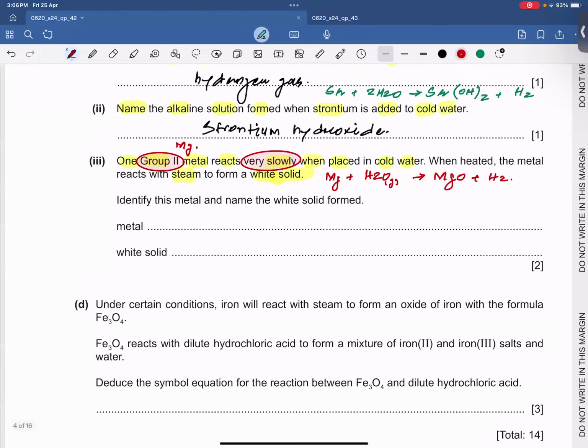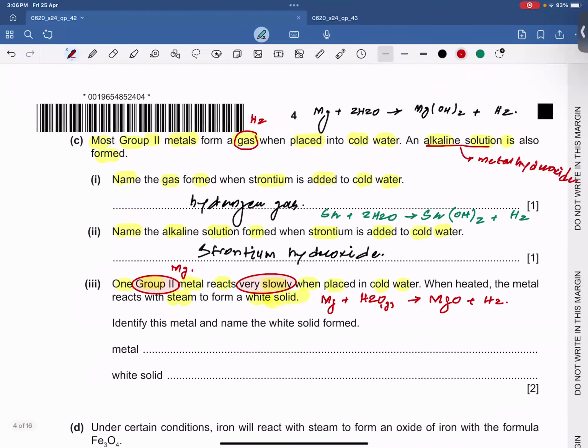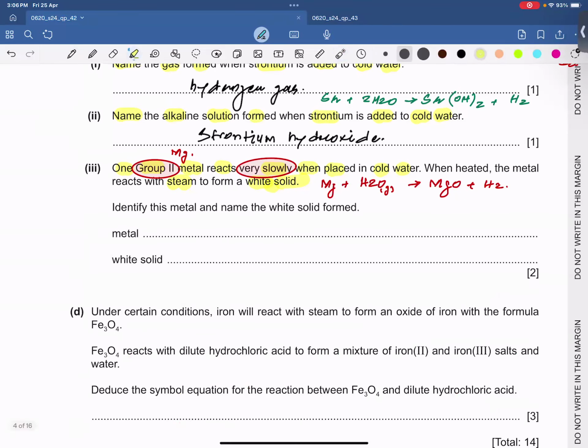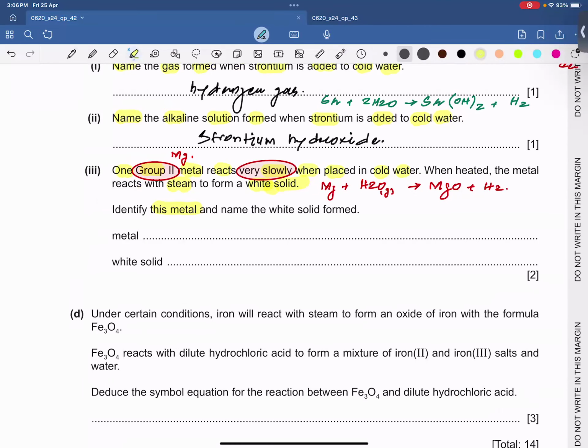And when magnesium reacts with cold water, it turns into magnesium hydroxide and hydrogen gas. So identify this metal and name the white solid formed. The metal is magnesium. The examiner is looking for the name, which means I cannot give the symbol. And the white solid is magnesium oxide.